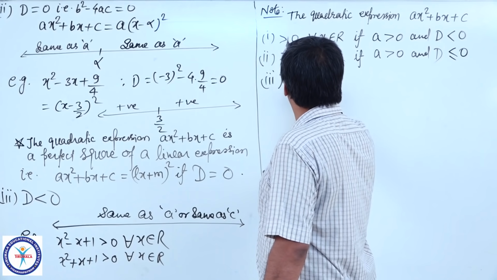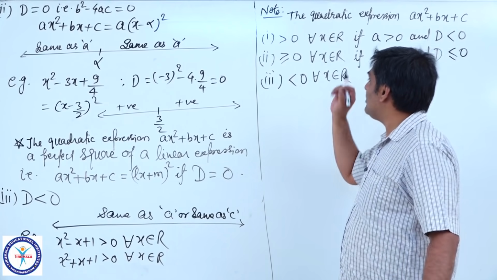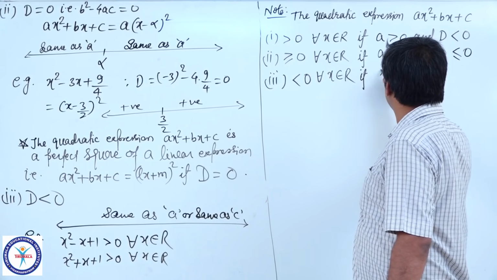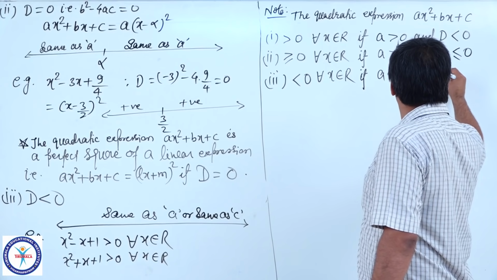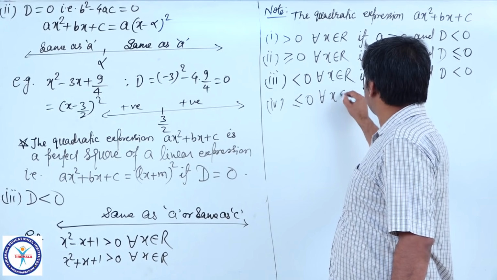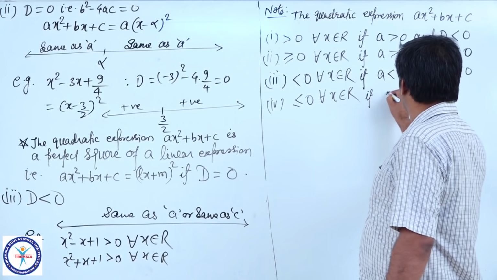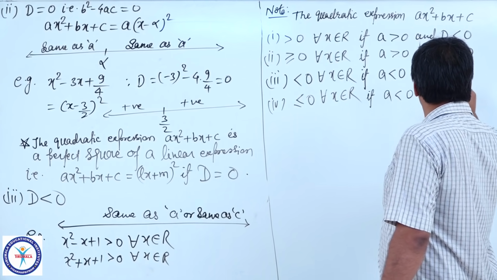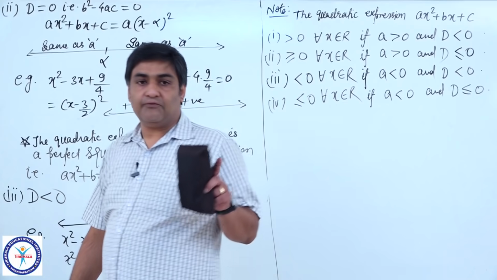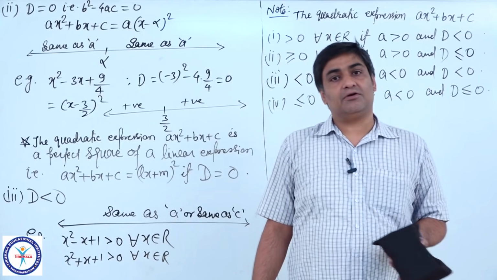Similarly, when a quadratic expression is always less than 0, means always negative for any real value of x, if a less than 0 and d less than 0. When a quadratic expression is always less than or equal to 0, a less than 0 and d less than equal to 0. These 4 points are very much important and these are used in various topics in maths.